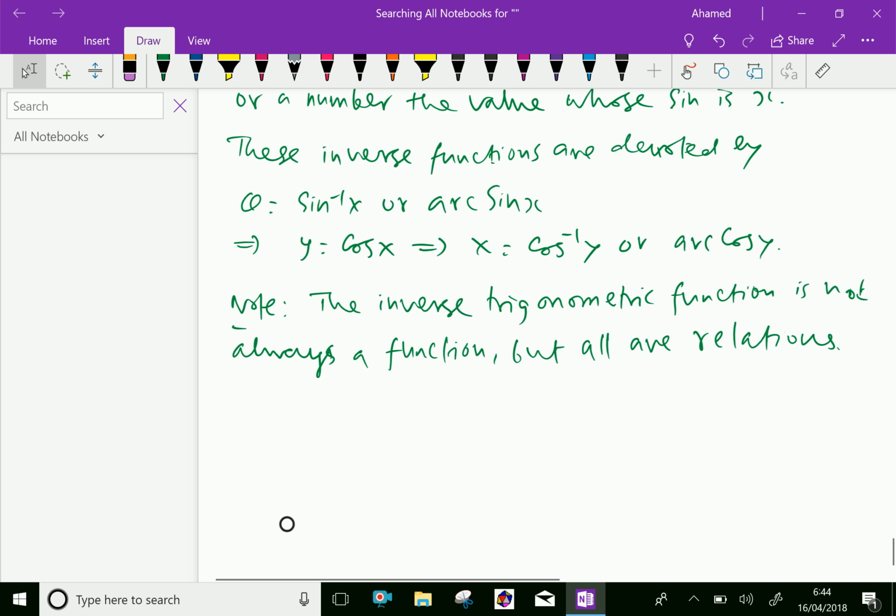In order to make these relations an inverse function, certain restrictions must be placed on either the domain or the range.